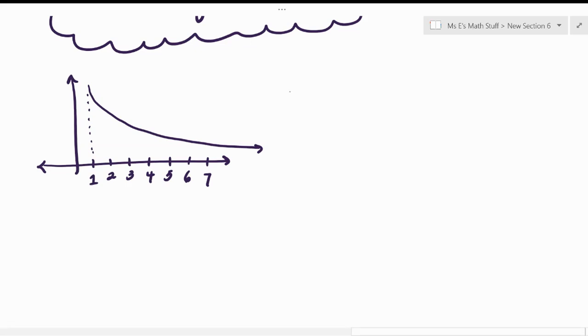Let's say the integral from 1 to infinity of this function diverges to infinity.